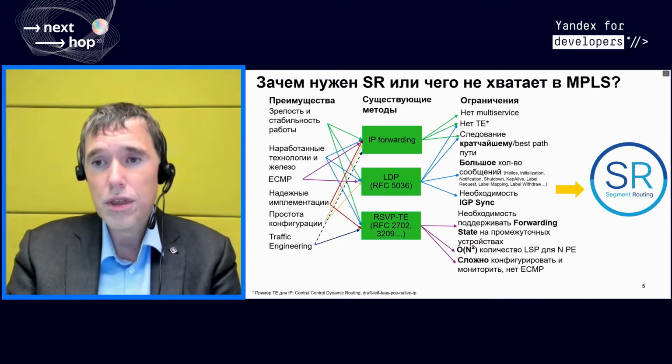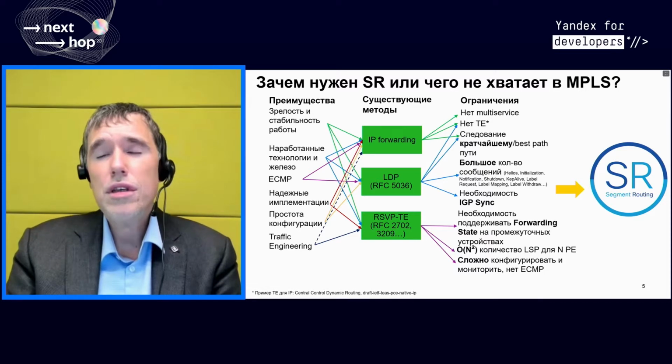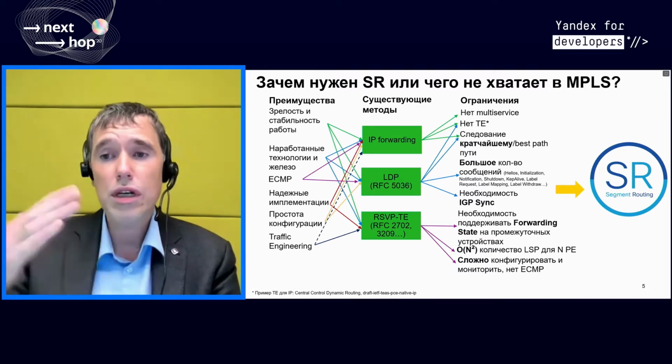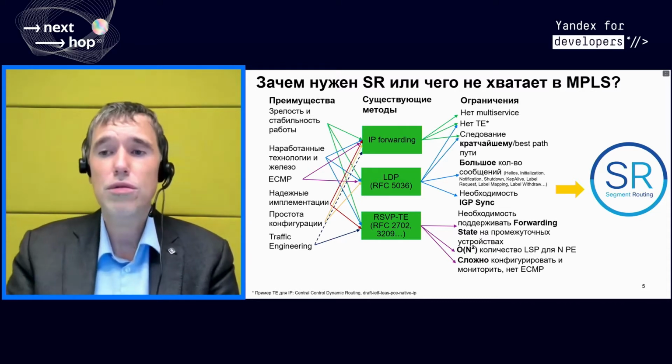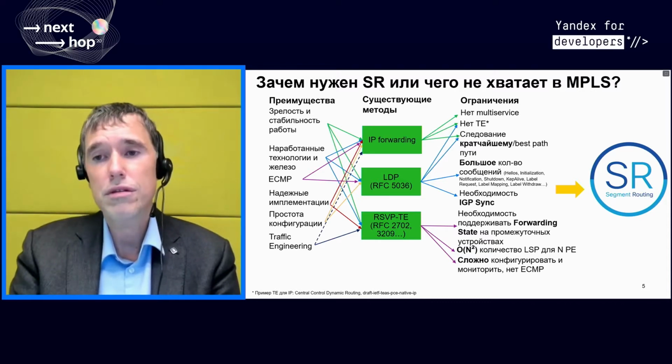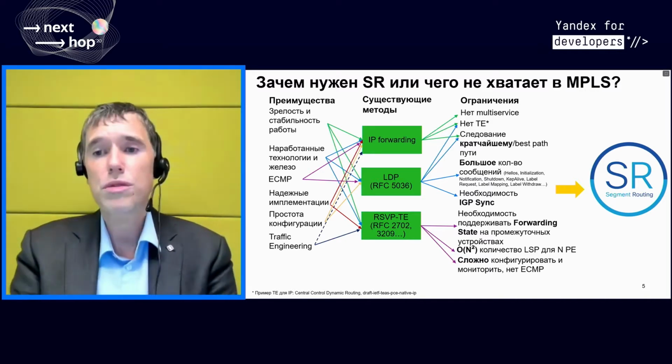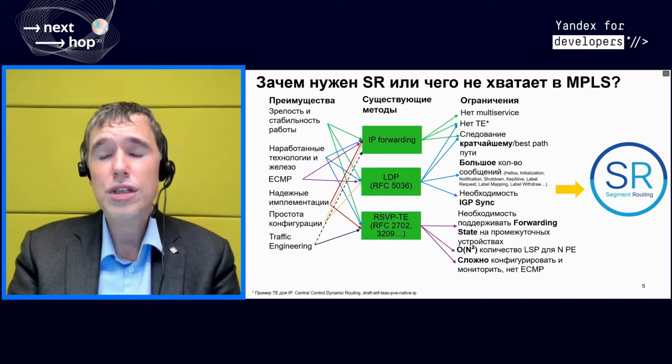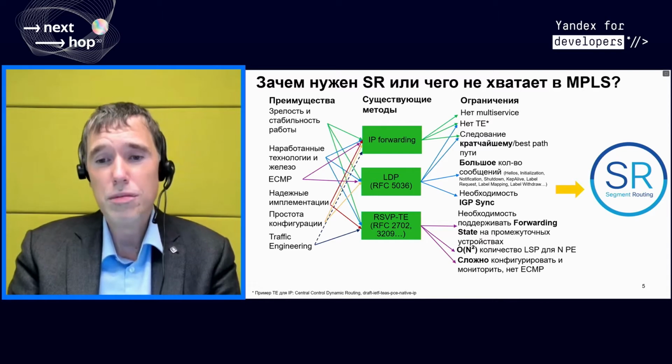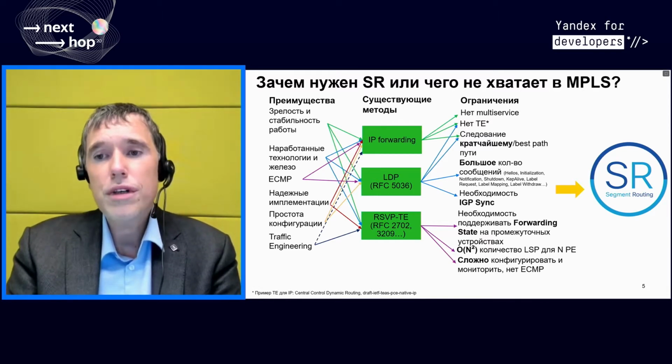That is, the need to support forwarding state at interim devices. And the next point is that there is a dependence on the number of LSPs. And this depends on the number of PEs that we have, which is not convenient either, particularly if we have a lot of PEs.